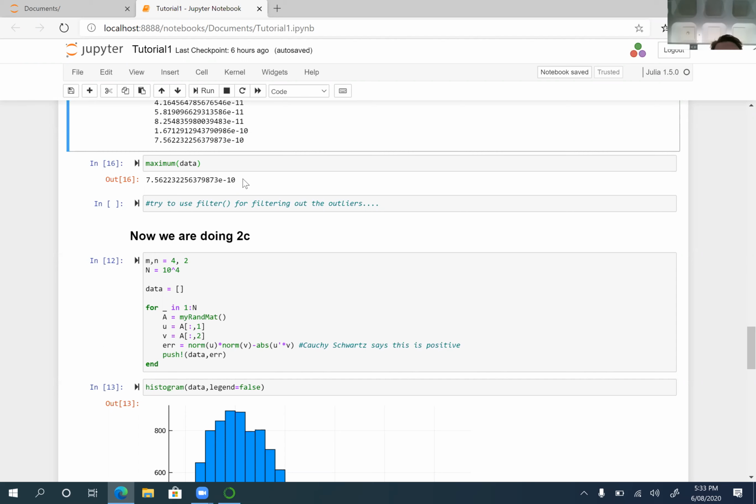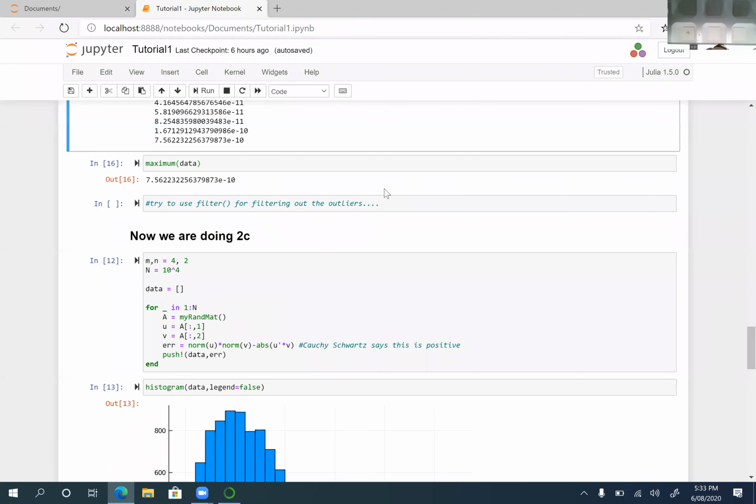All right, try to use filter for filtering out the outliers. I don't quite know how to do that yet in Julia, but let's just describe that process. Normally, if I were to do this in Mathematica, I would write an if something is greater than whatever tolerance, for example, then either discard it or take note of it, and otherwise it would do the opposite, right?